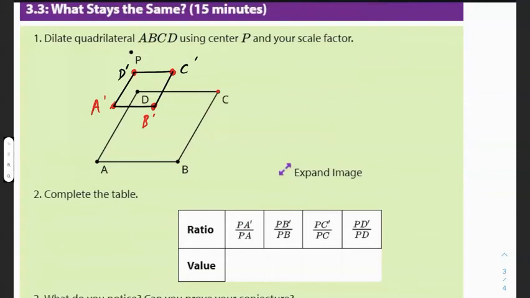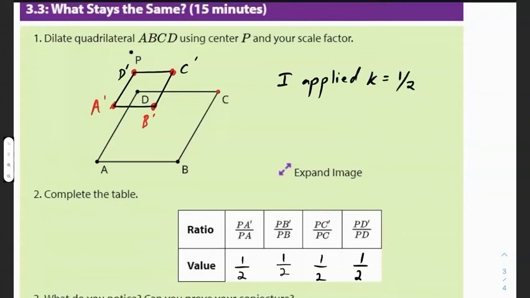What do we notice? What's the same? So PA prime divided by PA. The value should be half, right? So everything's being half because the scale factor that I applied was 1/2.